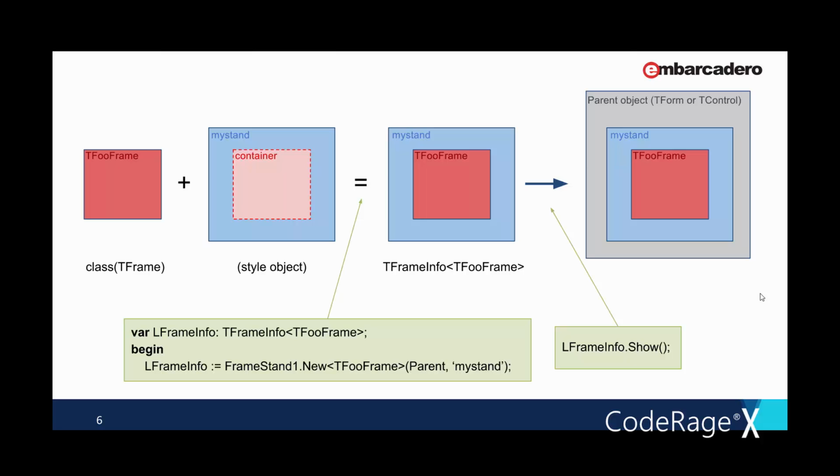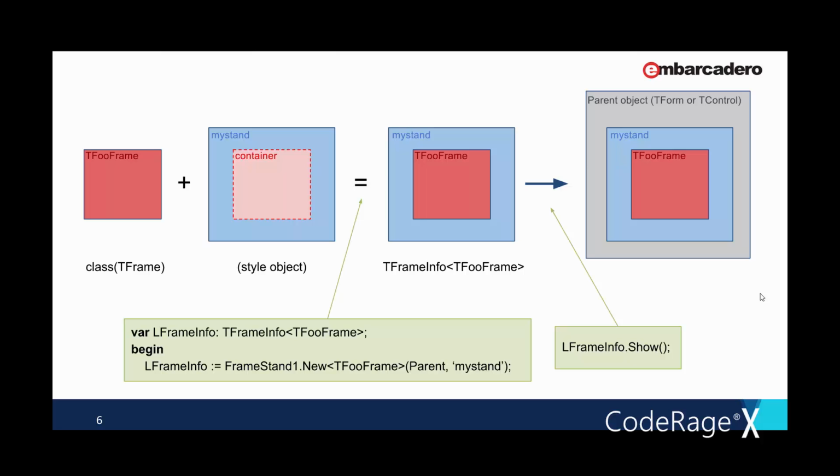So you have a TFrame of your specific TFrame descendant class, and it will be easy to handle reference to the frame this way because you don't have to continuously make typecasts to access your methods and properties.